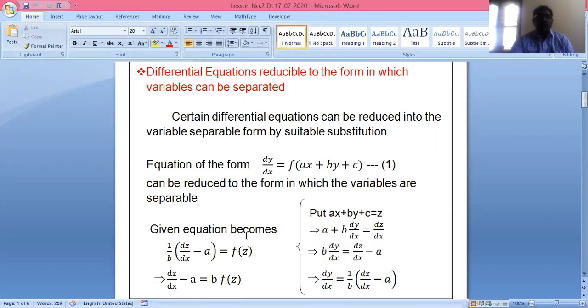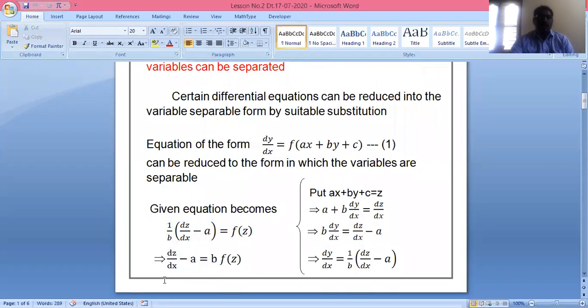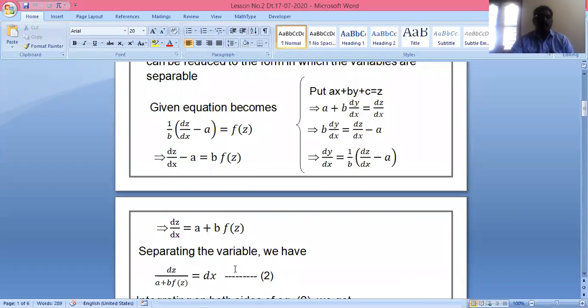Then the given equation becomes 1 by b into dz by dx minus a is equal to f of z. That implies dz by dx minus a is equal to b into f of z.